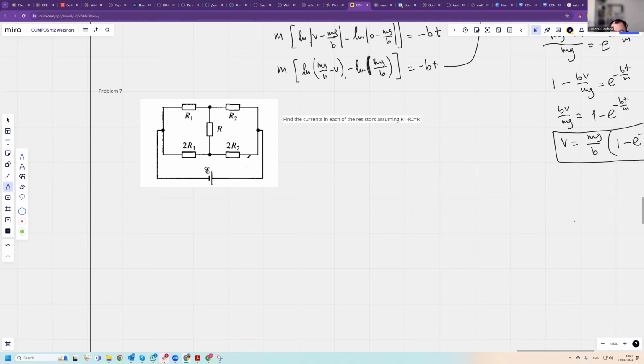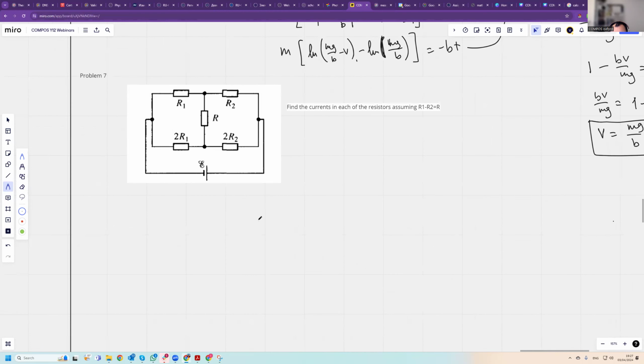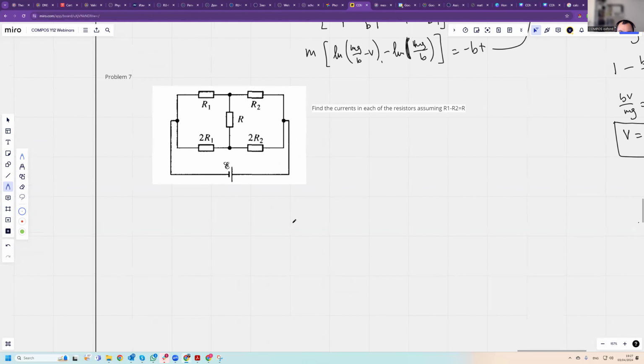Assuming that R1 is R2 and that's equal to R, effectively it means that this is R, this is R, this is 2R, and this is 2R. So there's no twos. That makes sense.